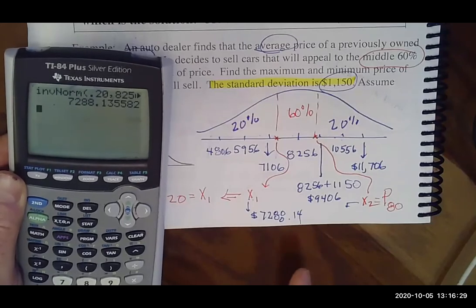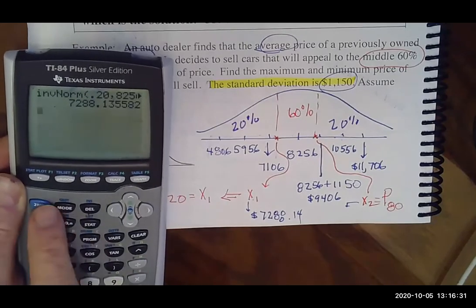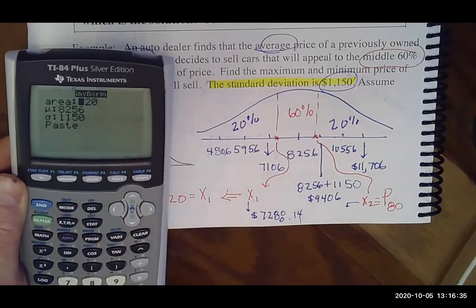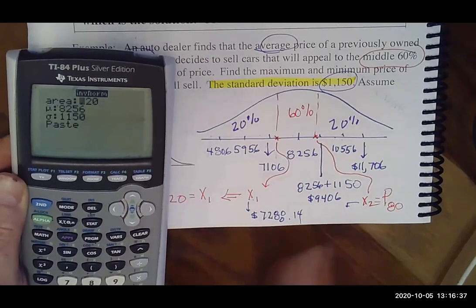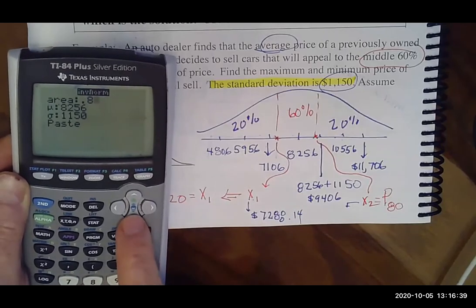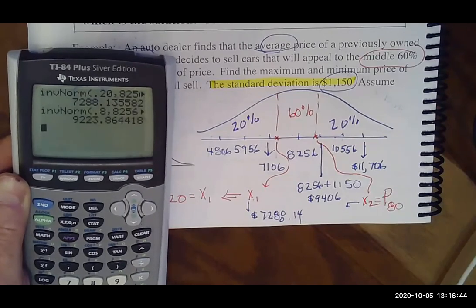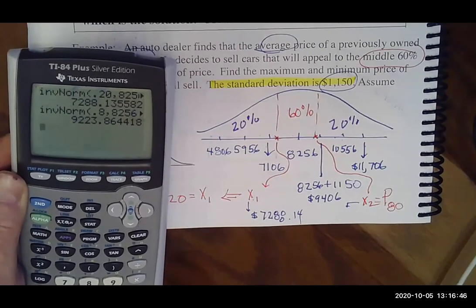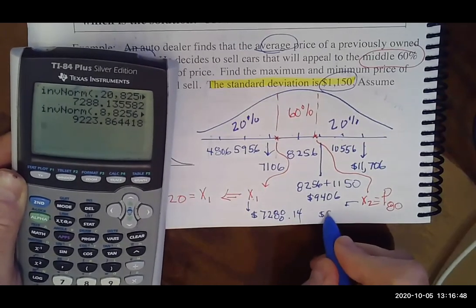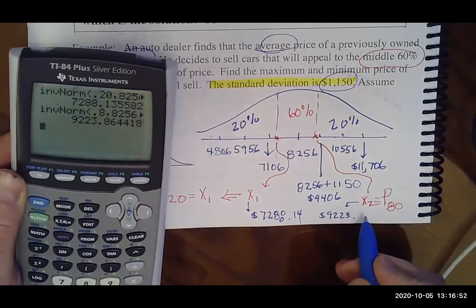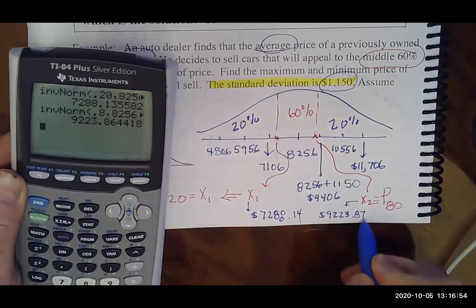I do the same thing, but it's going to be the 80th percentile, so do it over again. 80th percent, so 0.8, but I think everything else remains the same. So this one here is $9,223.87.